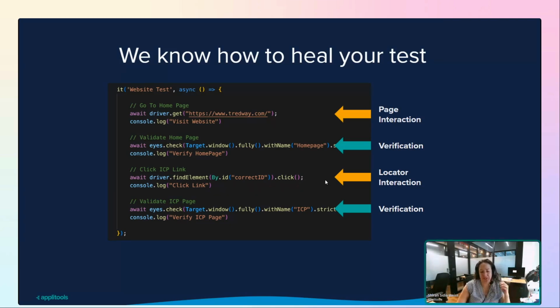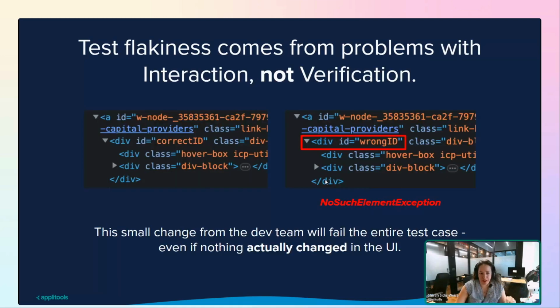But you still need to interact with the page, because you do need to mimic the user actions on the screen. And we've found that the flakiness usually comes from those interactions with the screen, not the verification. So look at this example here. What if a developer changes the ID from the correct ID to a wrong ID?